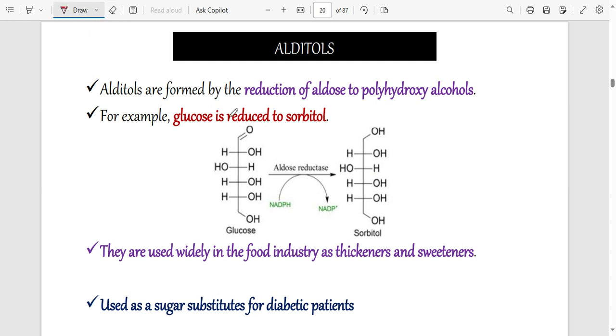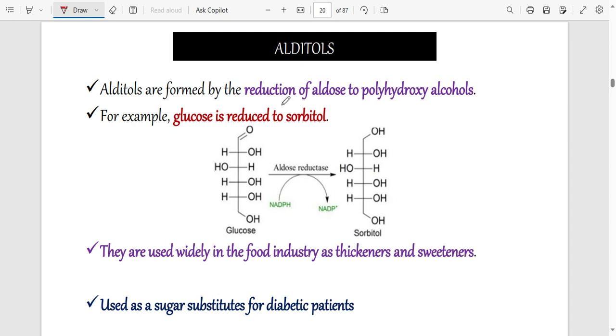So, for example, glucose can be reduced to sorbitol. Sorbitol is a reduced form of glucose. Please take note: not oxidized but reduced. Aldehydes are formed by reduction, and the way biochemists put it, they can say glucose is oxidized to sorbitol. True or false? Be quick. Yes, that's true.